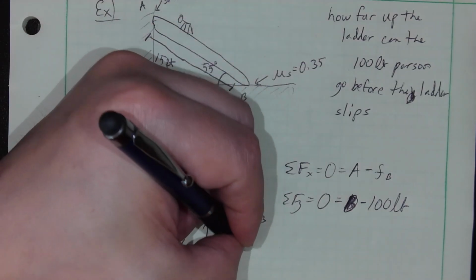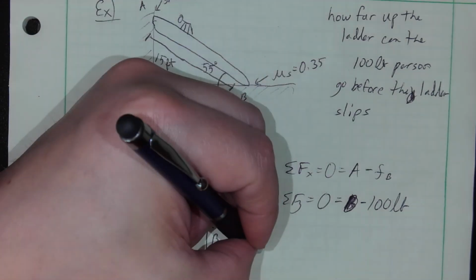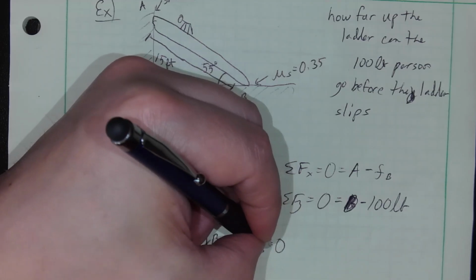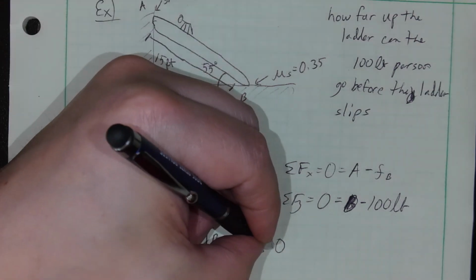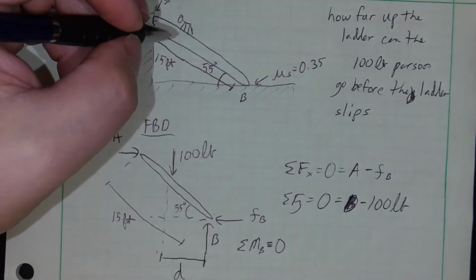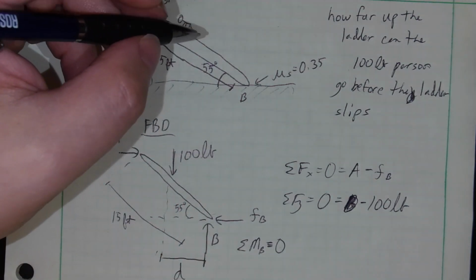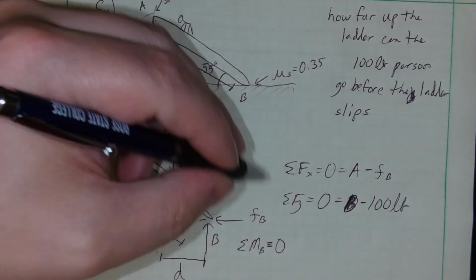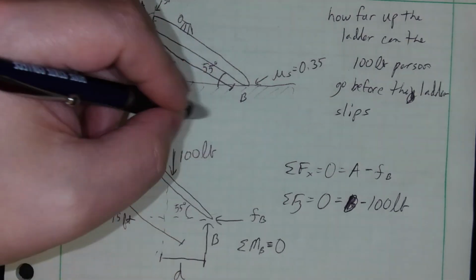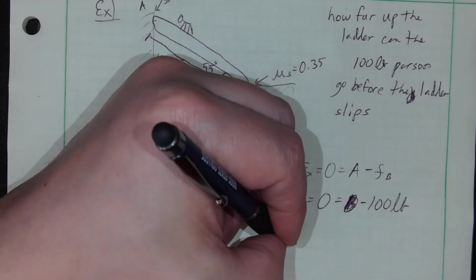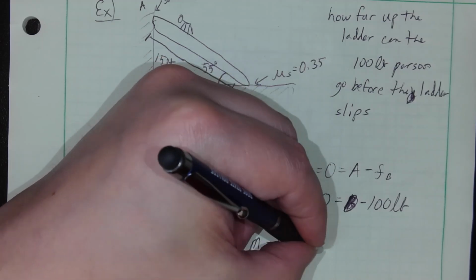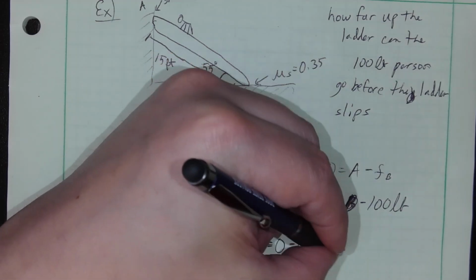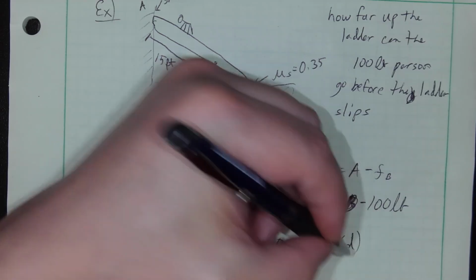Well, sum of moments about point B. I'm going to pick B because I got a bunch of unknowns at B. I've got A causing a clockwise motion. This 100 pounds is causing a counterclockwise motion, so we'll start with that. I've got 100 pounds causing a counterclockwise motion at some unknown distance d that I'm looking for.